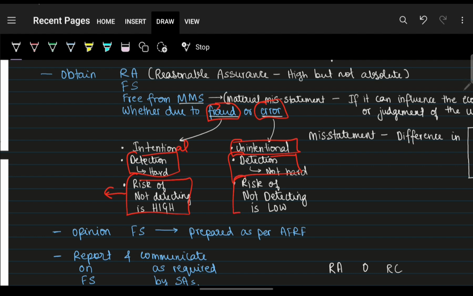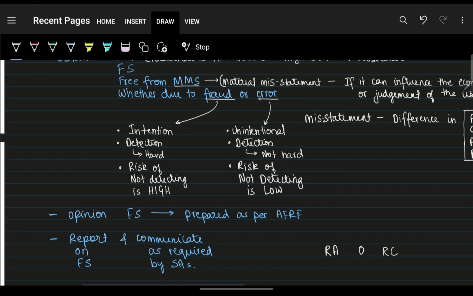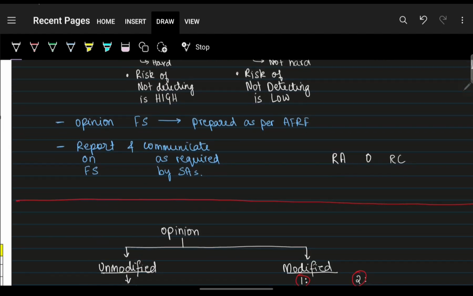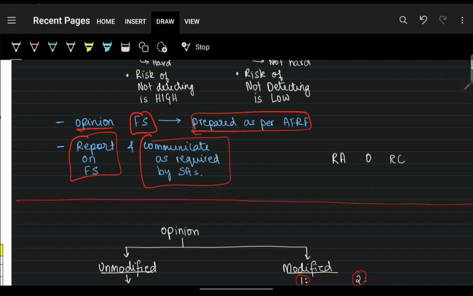Here the risk of not detecting is reasonably quite low. So the auditor can use his audit procedures to find out if there is any mistake or any inconsistency. Next, he should also express an opinion that the financial statements are prepared as per AFRF, and he should report on the financial statement and communicate as required by the SAs.